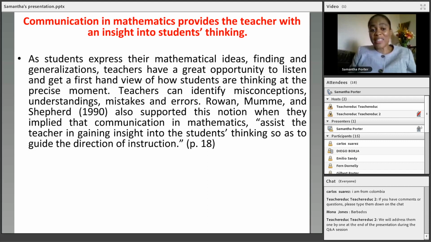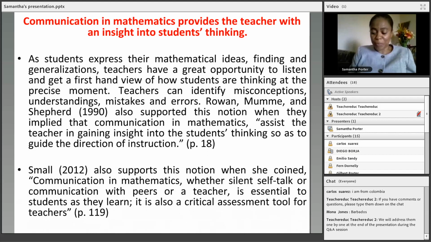Rowe, Ron et al. 1990 also support this notion when they imply that communication in mathematics assists the teacher in gaining insight into students' thinking so as to guide the direction of instruction. How much more do we want? Of course, we would like to know how our students are thinking.